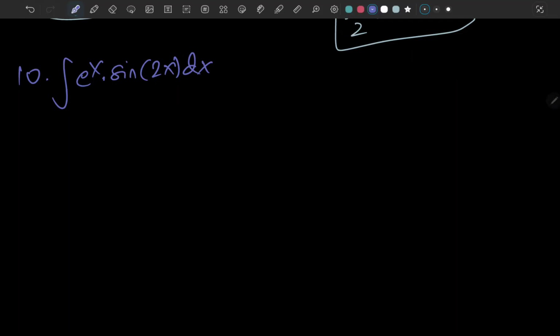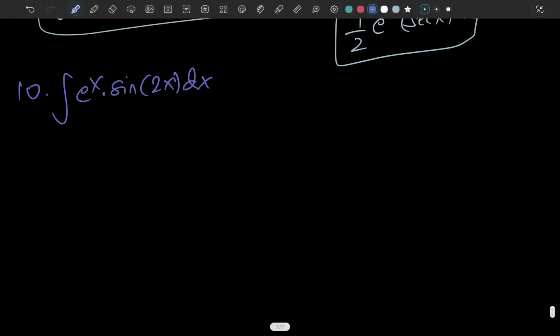So yeah, if we have some sort of integral like this, we just have to use integration by parts. We don't have any option other than that. And I'm not talking about higher integrals. On the base level, we are just going to use this DI method.